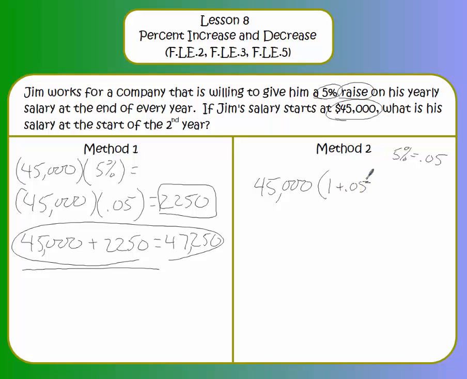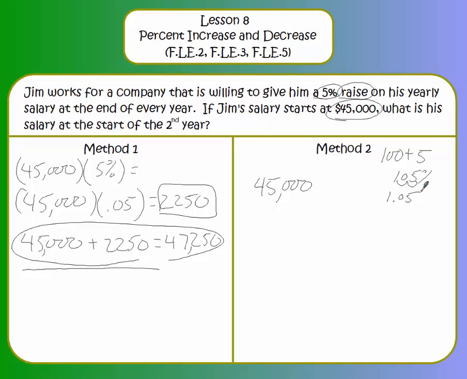Okay, if you don't like looking at it like that, you can think of it this way. The raise is 5%, but I have 100% of what I already make plus another 5%. So in other words, I get 105%. And so as a decimal, 1.05. So no matter, you can get to it a lot of different ways.